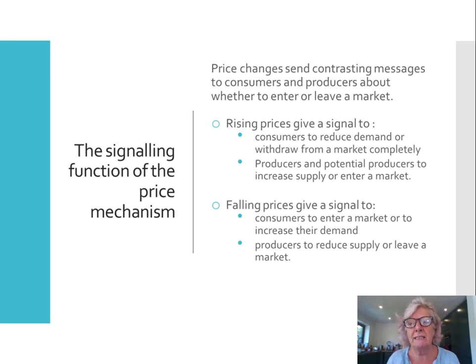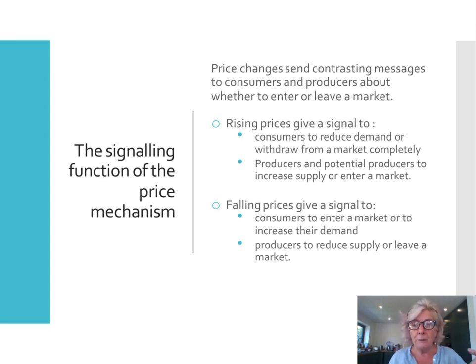Maybe we'll buy rice instead because potatoes are now expensive. On the other hand, that rise in price sends a signal to producers to say, we can make more profit now. So perhaps the farmer will decide not to plant carrots or cabbages, but instead to grow more potatoes to supply to the market because the price has risen and they can make more profit.